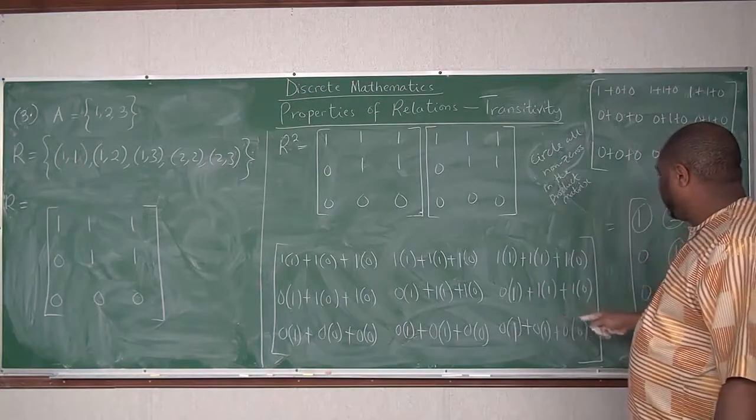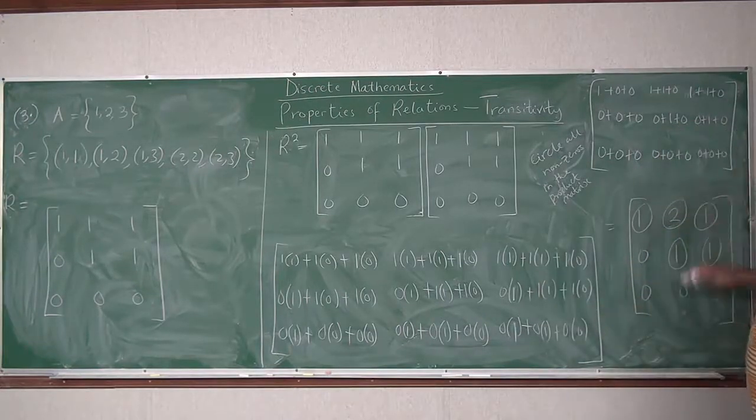And this is 0 plus 0 plus 0. So this is still okay. And here we have 1 plus 1 plus 0, so this is 2 here. That is the only thing that changes. We still circle it.